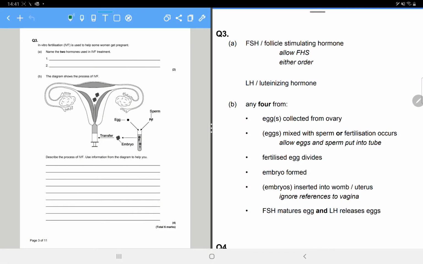Right guys, we're going to look at question 3 here, and this is about the reproductive hormones and specifically about IVF. So we know that we require fertilization, I hope, in order to create an embryo.